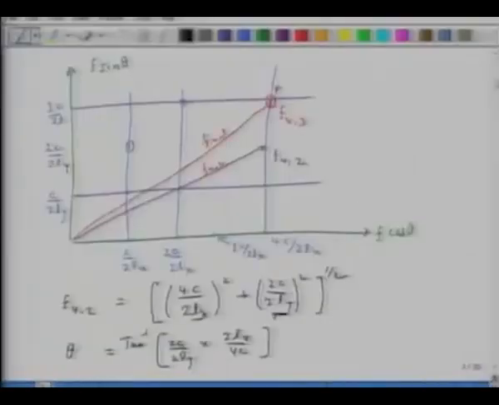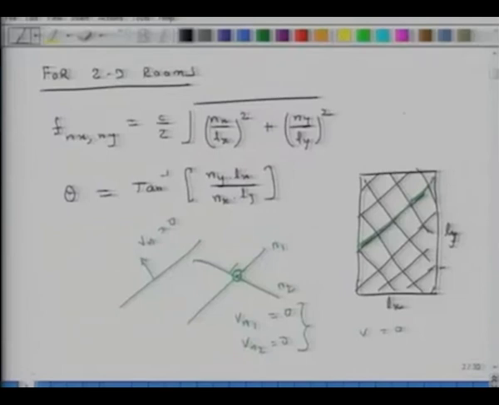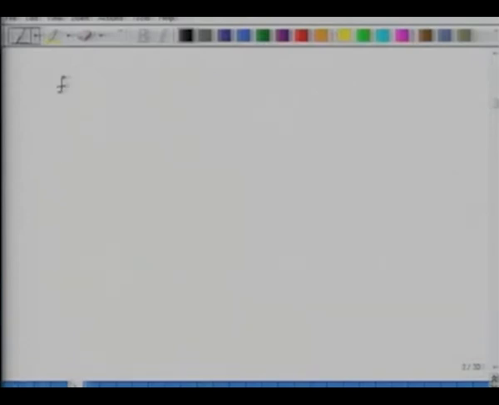For such a system, what will be the natural frequency for a room? If I use a similar approach, you basically add one more term here, right? Nz over Lz whole square. So f Nx, Ny, Nz equals Nx over Lx square plus Ny over Ly square plus Nz over Lz square, the whole thing we take a square root of, times C over 2.